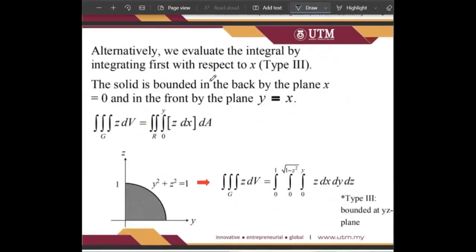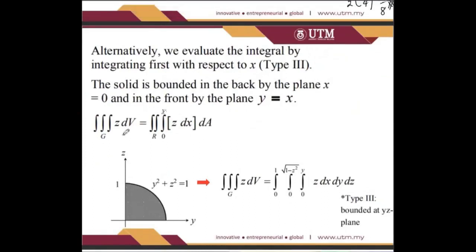Okay, let's say class, if you want to choose, for example, type 3. What is type 3? If you choose type 3, you will get dx dy dz or dx dz dy. Let's say you choose dy dz here.